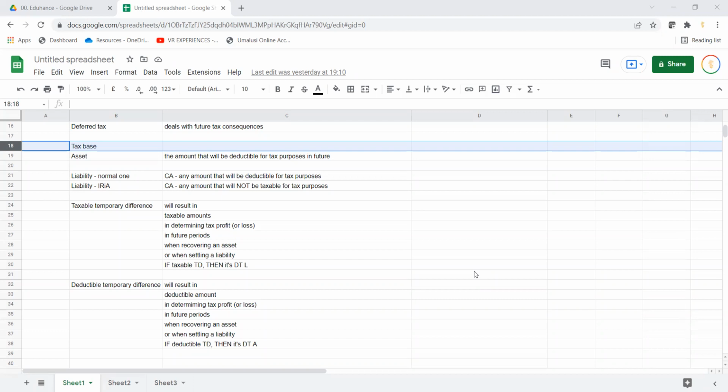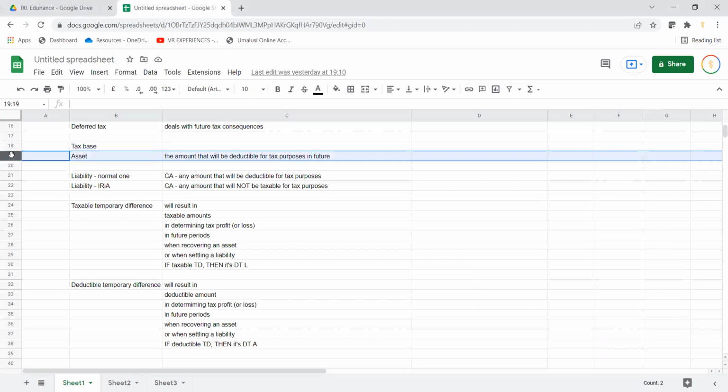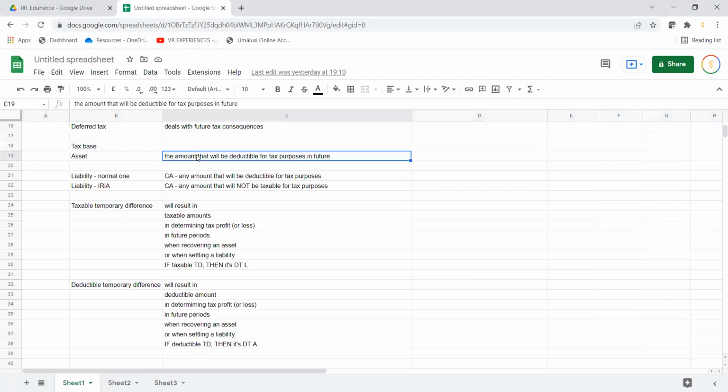Now the tax base, the carrying amount from SARS's point of view, that is known as the tax base. Okay, so the tax base for an asset, that is the amount that will be deductible for tax purposes. The word will means in the future.